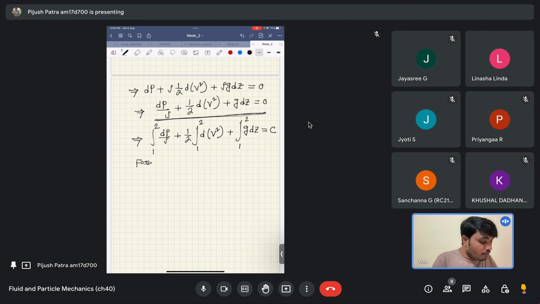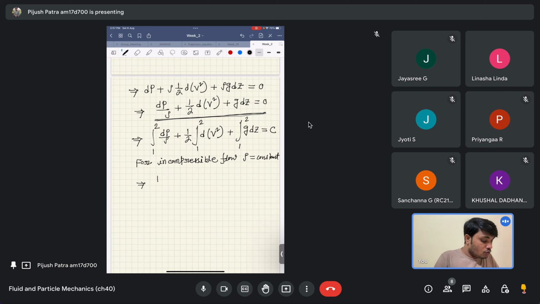But for incompressible flow, rho is equal to constant, right? So I can take this rho out of the integral in the first term.